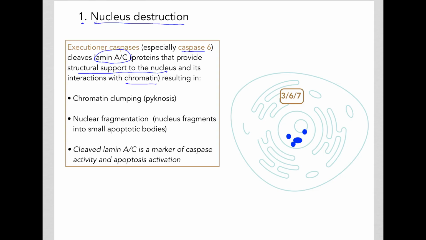So by destroying these proteins, the chromatin starts clumping together, what we call pyknosis, and the nucleus starts fragmenting into nuclear fragments that form small apoptotic bodies.